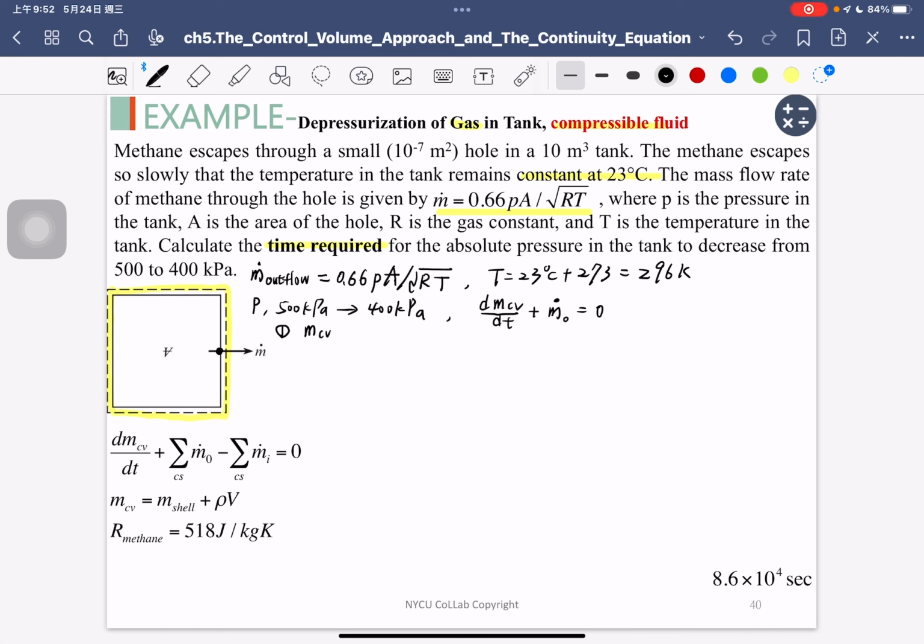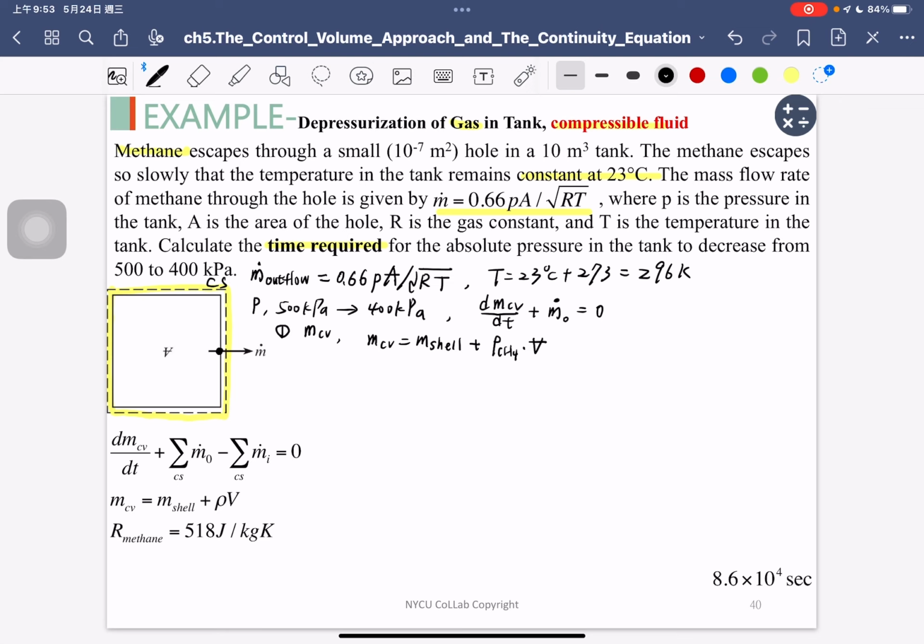So we first discuss m_CV again. Here, because we depict the control surface as the dashed line, we know that m_CV will equal m_shell, the mass of the tank boundary, plus rho, the gas, which is methane here. So rho_CH4 times the volume of the tank. Okay, this is our m_CV. The m_CV involves the solid tank and also the gas inside the tank.